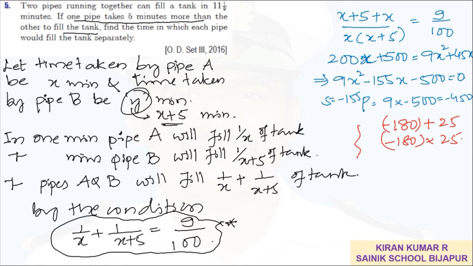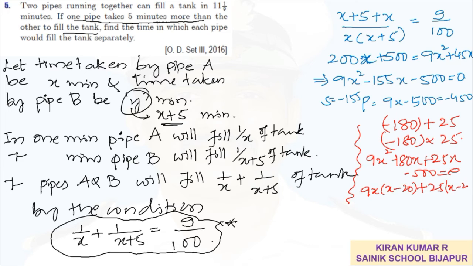Therefore, the given equation is 9x² with the middle term split as -25x + 18x - 50 = 0. Group them, we get x common, (x - ...) and common factor, equal to 0.